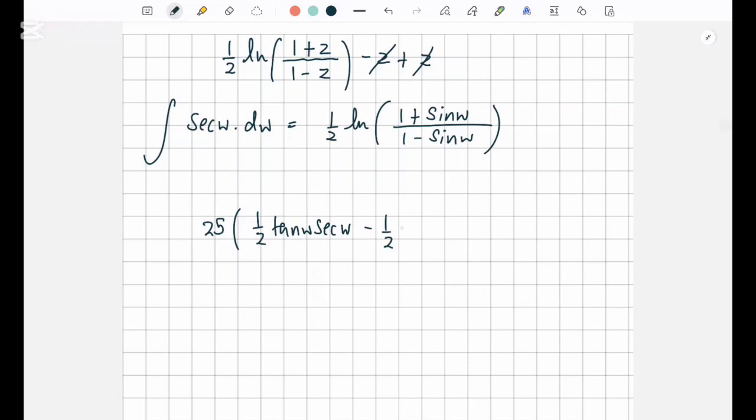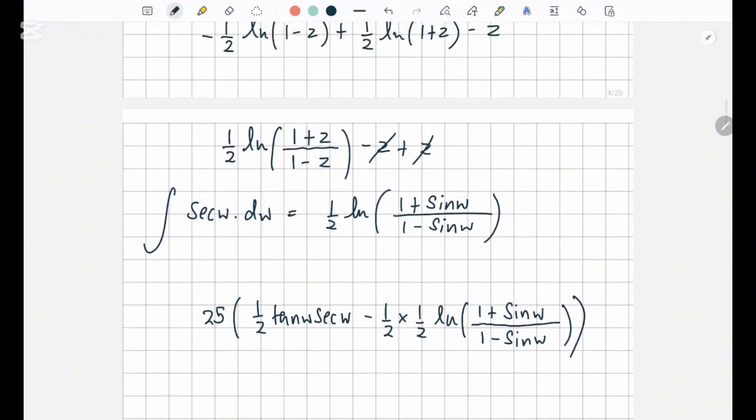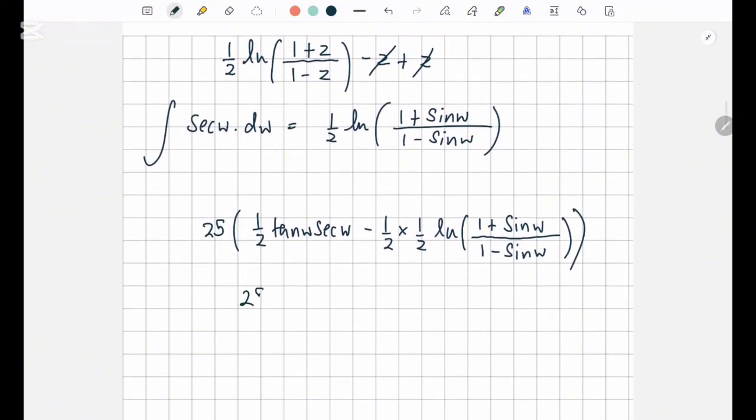So it would be minus half into half ln 1 plus sine w over 1 minus sine w. So now we could leave 25 outside: 25 into half tan w sec w minus 1 over 4 ln 1 plus sine w over 1 minus sine w.